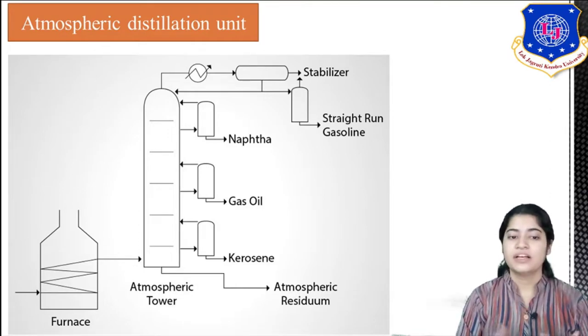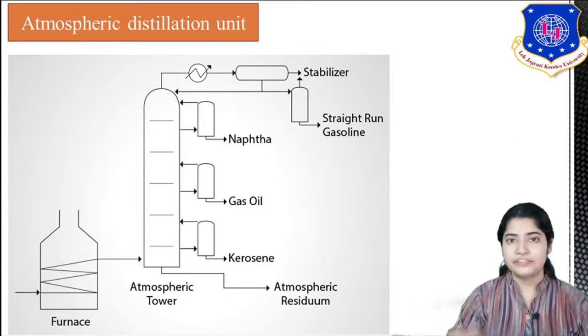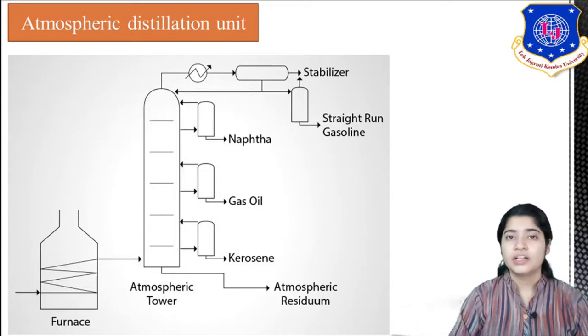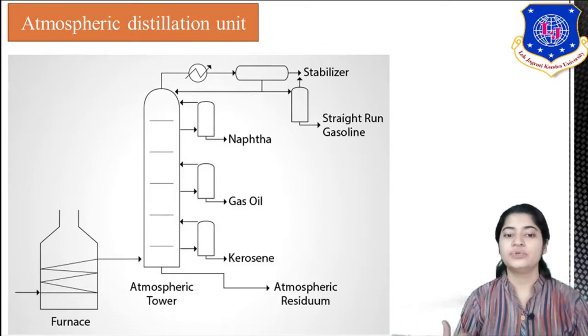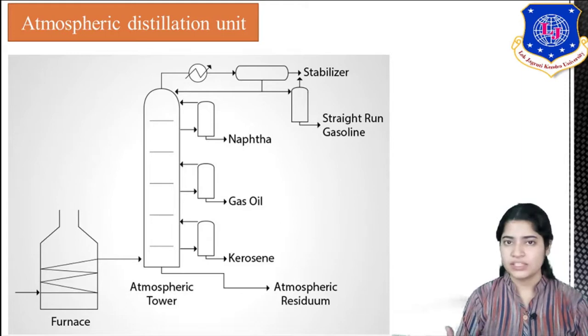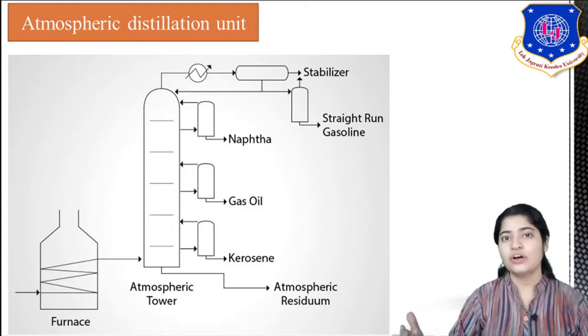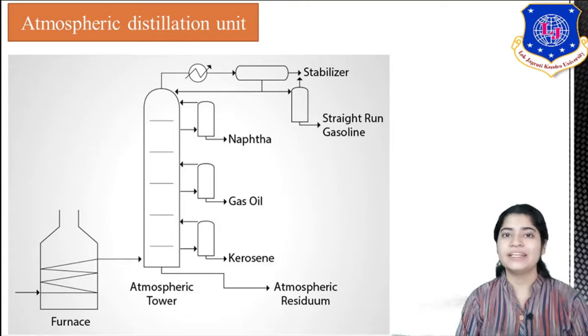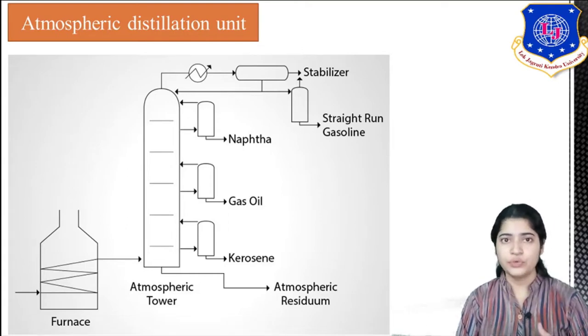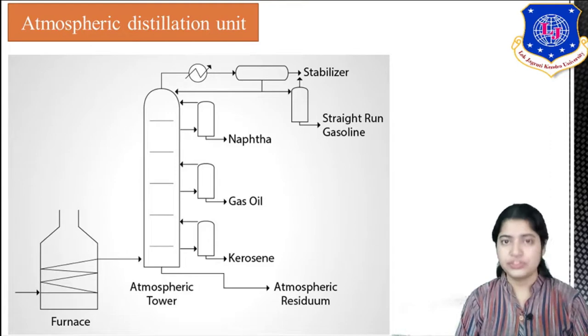Now here you can see at the top the light fractions, from C2 to C3, C4, are sent to the stabilizer. What does the stabilizer do? It lets the light fraction of petroleum stabilize, and it automatically divides into vapor or gas fractions and liquid.